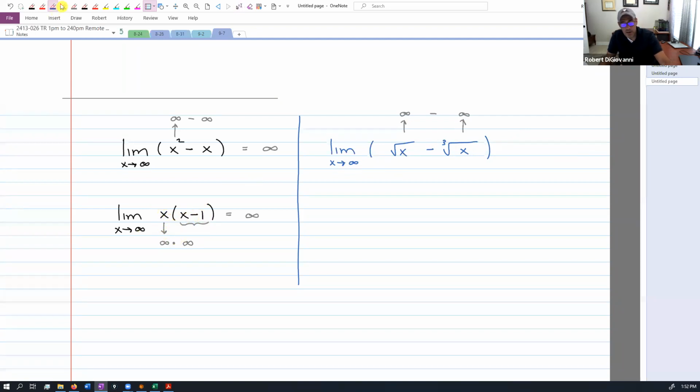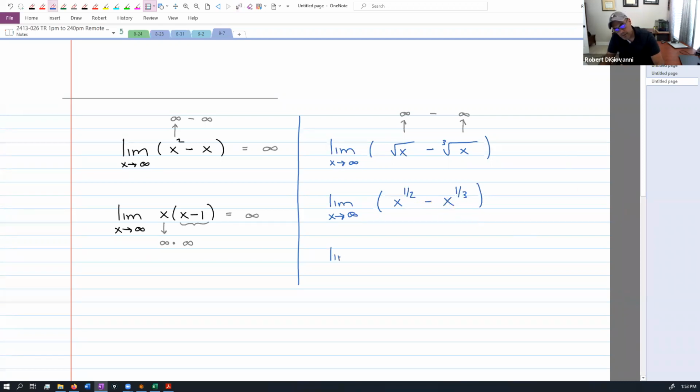All right, I don't know how many of you have ever tried this before, but we can factor this. What I'm going to do is turn this into x to the 1/2 minus x to the 1/3. That's what those mean, right? Now watch this. I'm showing you this because if you haven't seen it, it's pretty cool.